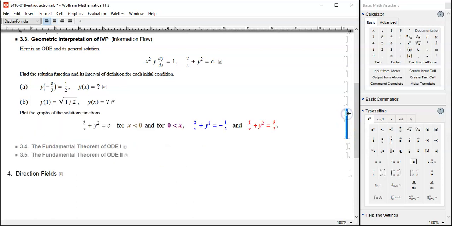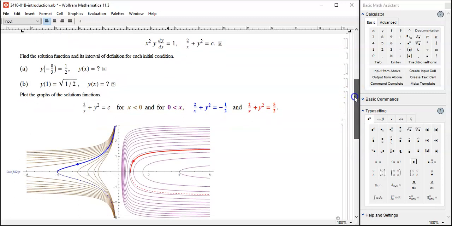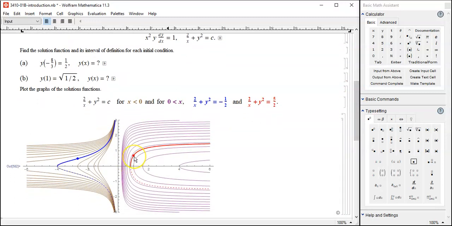And let me show you the picture. So points here and there represent the initial conditions. At x equals, let's see, 1 right here, y is square root of 1/2.